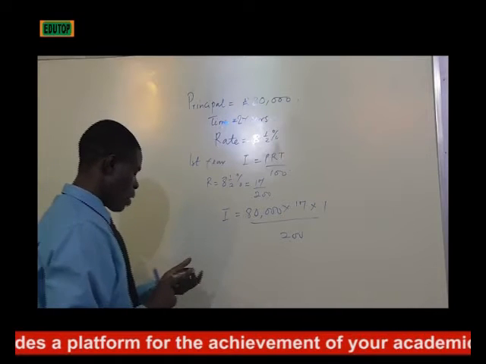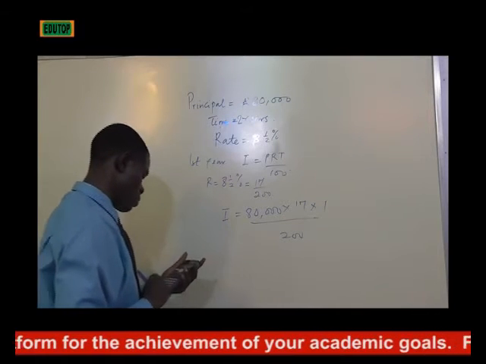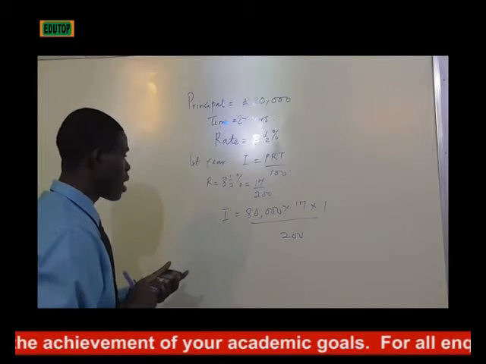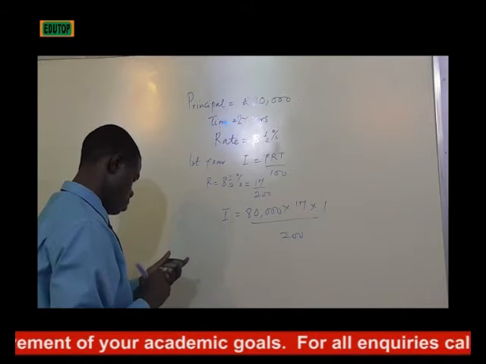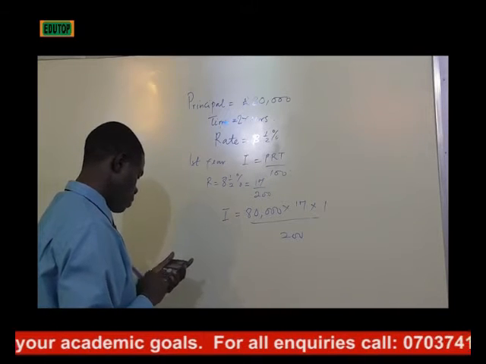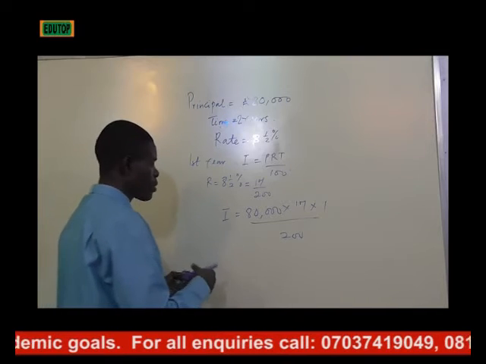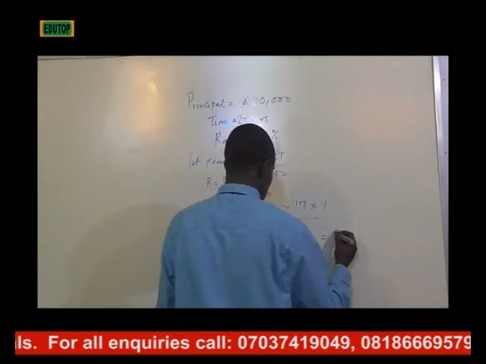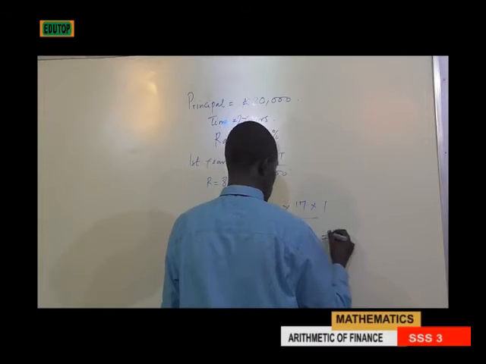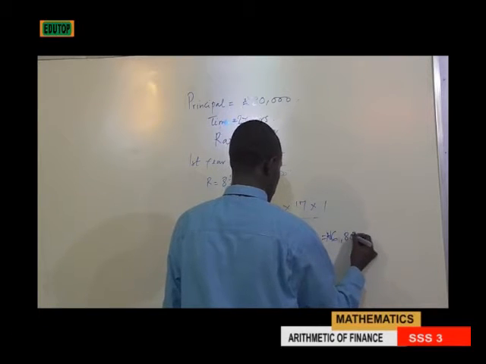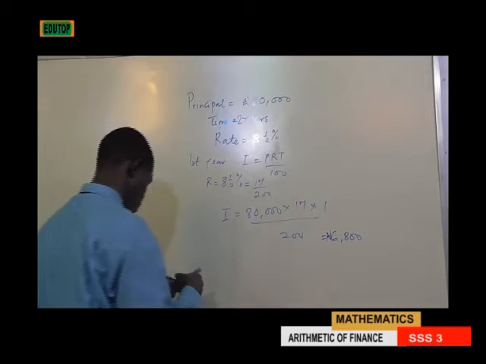So we use our electronic device to get this. 80,000 times 17 divided by 200. That gives us 6,800. That is the interest.